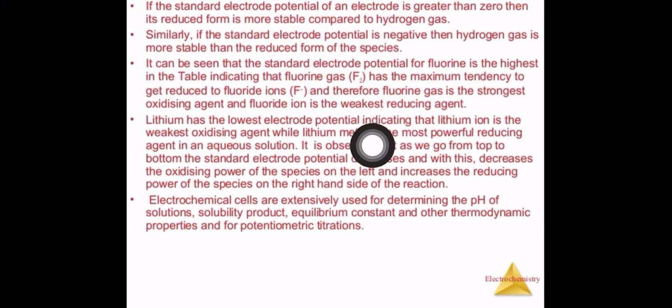In reduction there will be a gain of electron, forming the ion F minus. Therefore fluorine gas is the strongest oxidizing agent and fluoride ion is the weakest reducing agent.